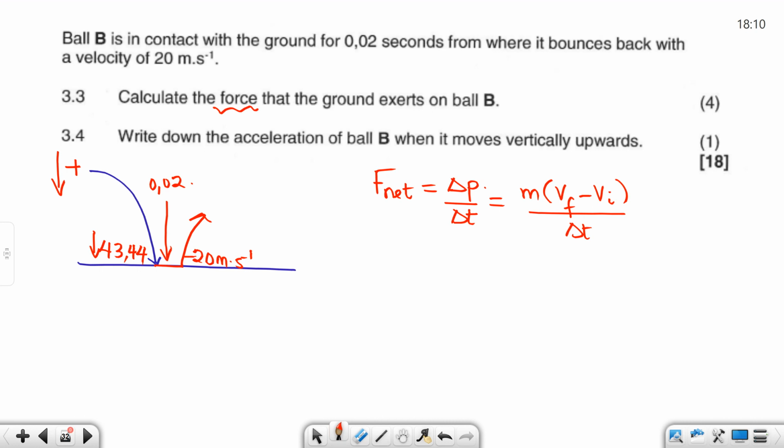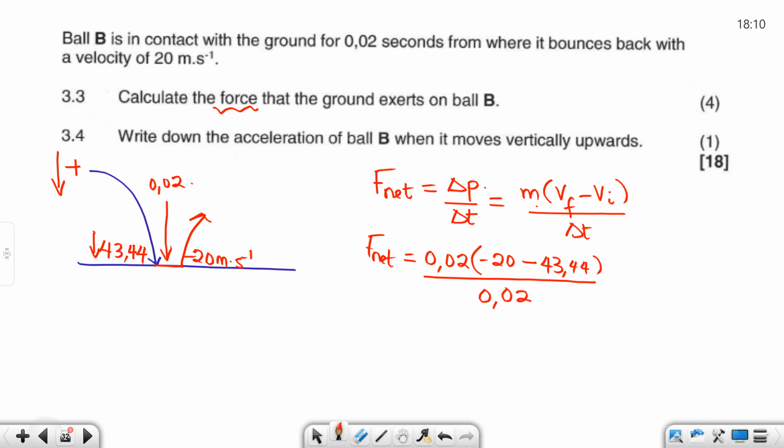Okay? All right. Which object are we dealing with? Object B. So what do we have? F net equals, what's the mass? What's the final velocity? Negative 20. Minus, what's the initial velocity? 43,44. What is the time? 0,02.